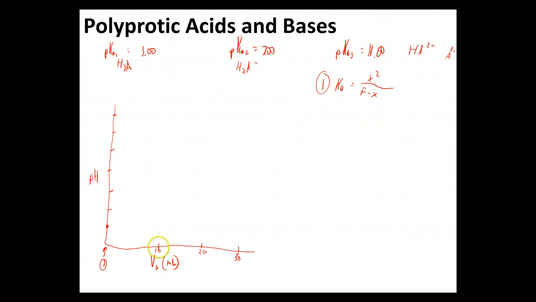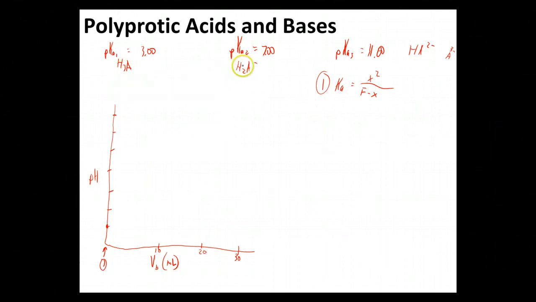When I get to this spot, I'm going to be 100% in the form of H2A minus. I've stripped away that first proton from every one of my molecules in the formal concentration. But here's the thing. We also know that there's now going to be an equilibrium that has to form, where it goes from H2A back into H3A by picking up ambient protons.